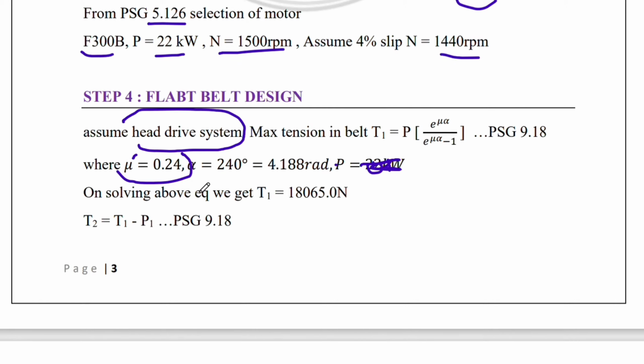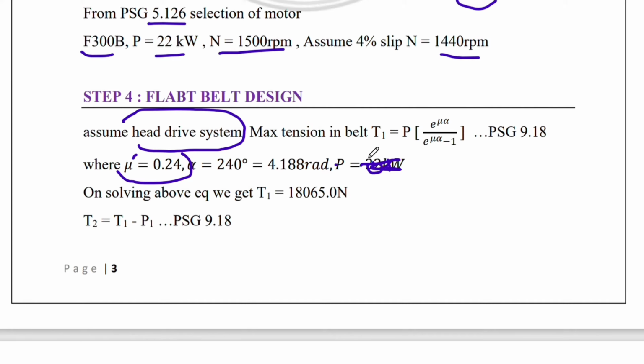Alpha is the angle of lap over the pulley in radian. In flat belt design the angle of lap is 240 degree. It is in degree but we have to keep it in radian. After converting to radian we get the value 4.188 radian.